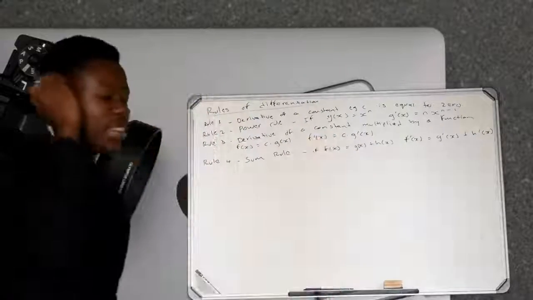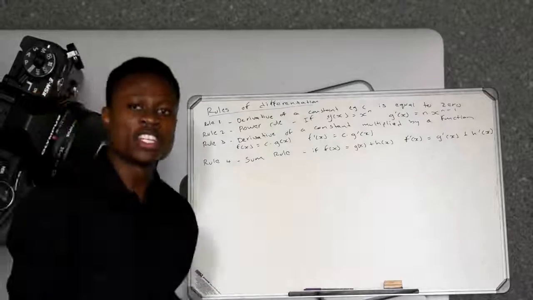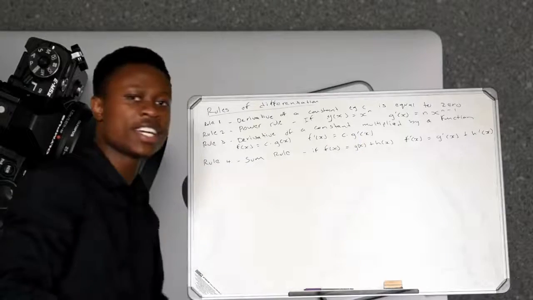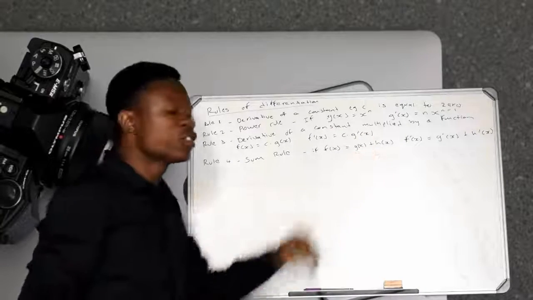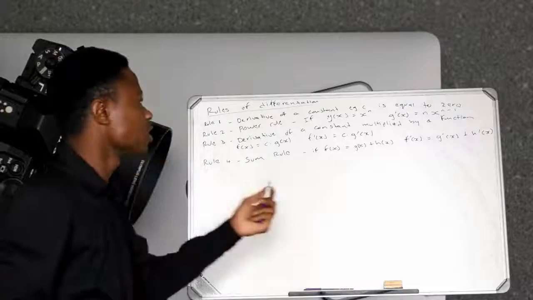So basically what that says is that you don't do anything, you find the derivative of them separately. So you first find the derivative of g of x, or you first find the derivative of h of x, and then you combine them with whatever sign they have, which is the plus.